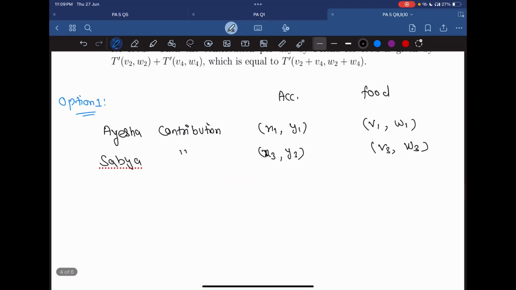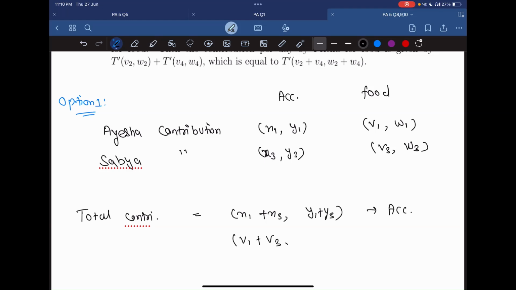And if Aisha is paying on behalf of both of them, then total contribution by Aisha would be X1 plus X3, Y1 plus Y3. This is for accommodation, and for food it would be V1 plus V3, W1 plus W3.